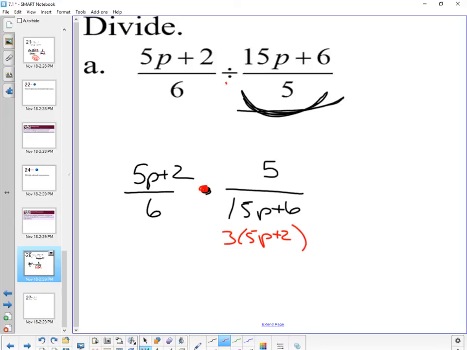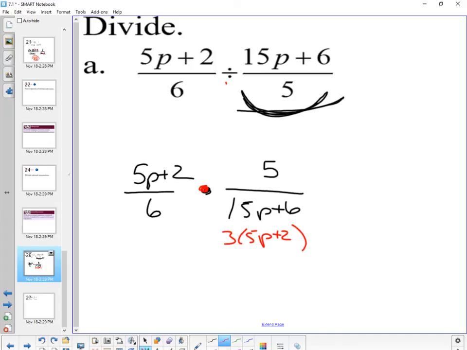So, I factored here, the red part. I factor out the common factor here, lower left.